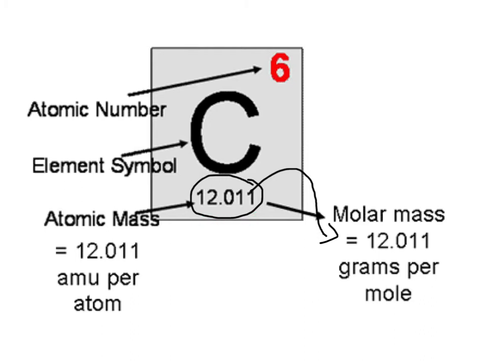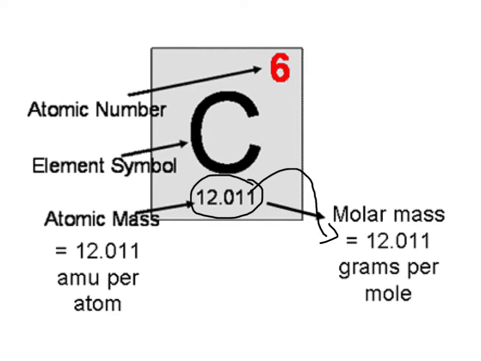One representative atom weighs 12.01 atomic mass units per atom, but when we multiply the collection of atoms by Avogadro's number, we find out that it's going to weigh 12.01 grams per mole.